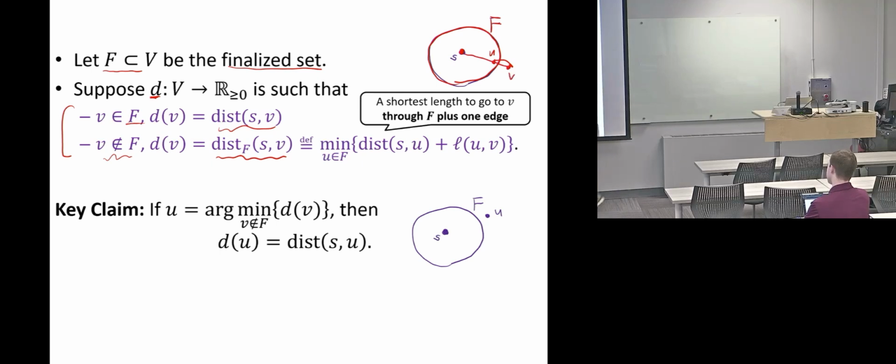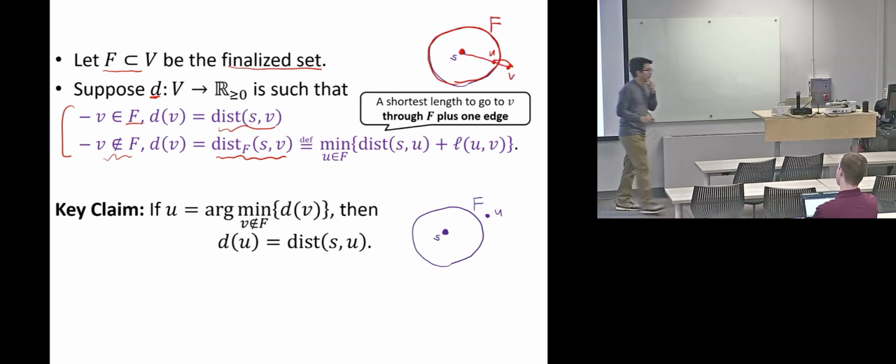I want to say that this is not quite the real distance, but at least for the guy that is not finalized but has the minimum estimate among the not finalized ones, this estimate here is already correct.